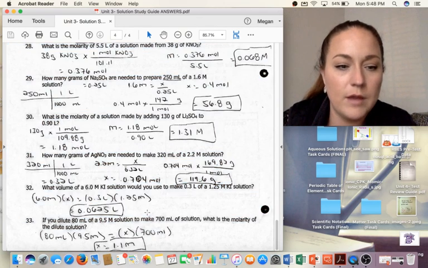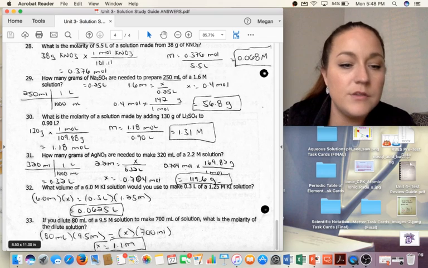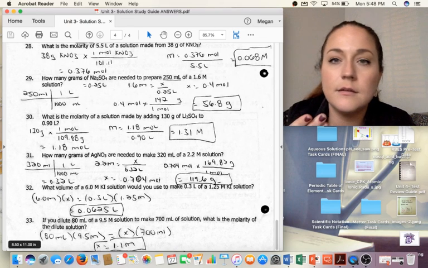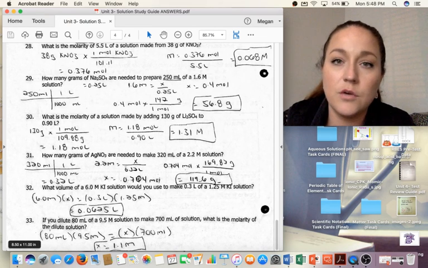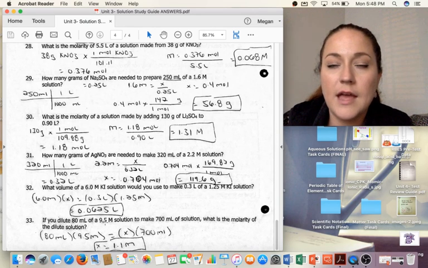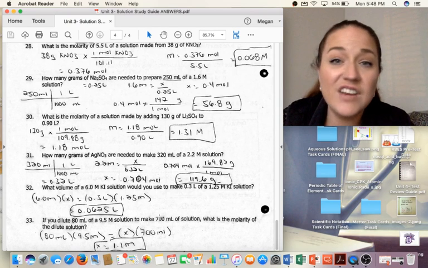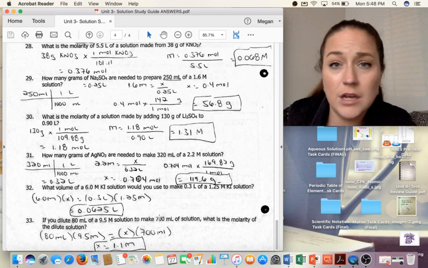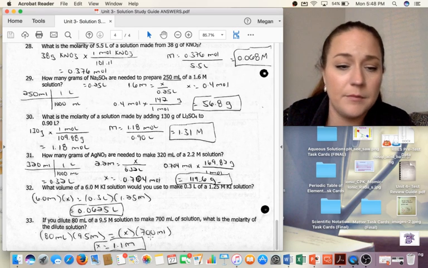Sorry, I was reading from number 32. So 80 milliliters is going to be your V1. 9.5 molarity is going to be your M1. Your 700 milliliters is your V2. You do not know your M2 right now.